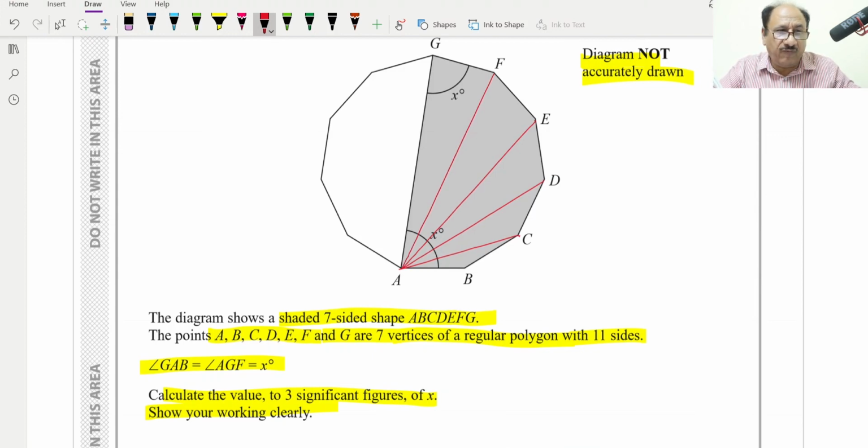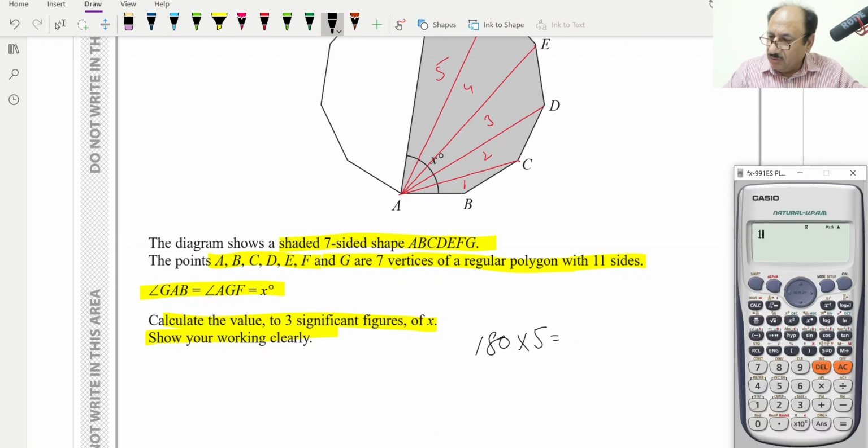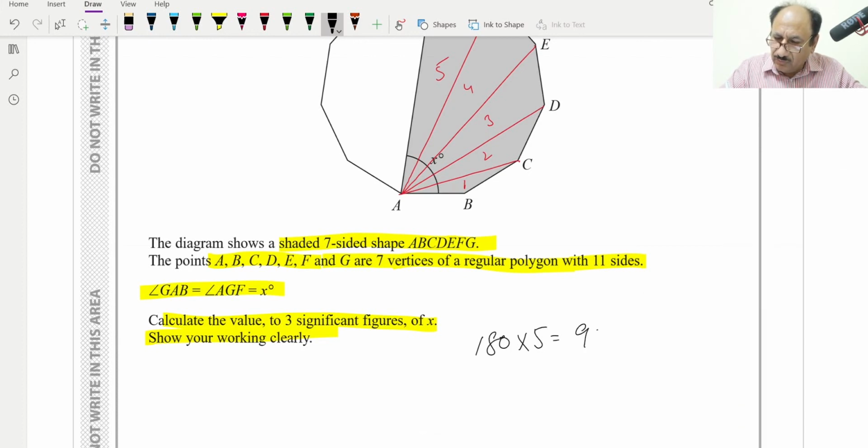So there will be 5 triangles, 1 2 3 4 and 5. So we can write 180 multiplied by 5 will be equal to what? This will be 180 multiplied by 5 is equal to 900. So this will be 900 degrees for this one.